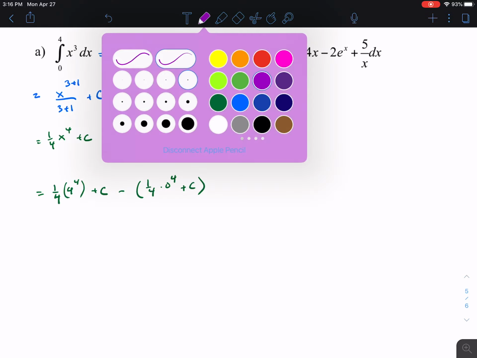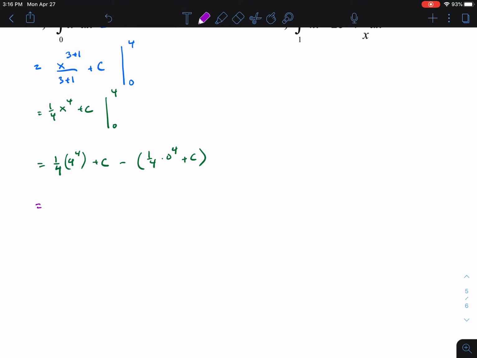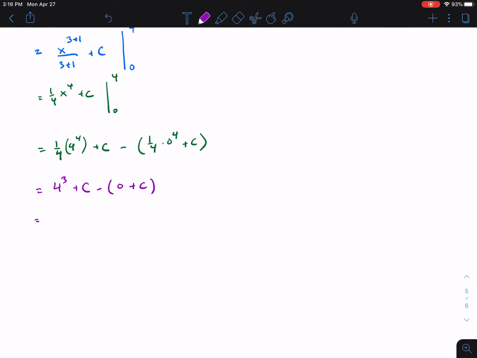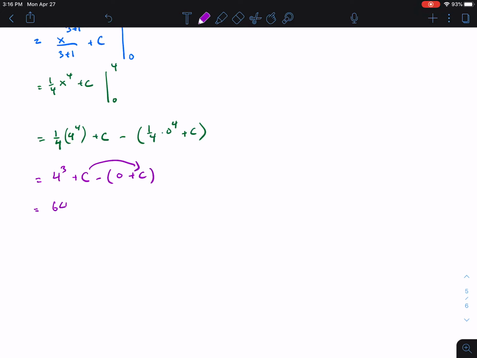Notice that the plus c will cancel out, as you see. So 1/4 times 4 to the 4th power is 1/4 times 64, because we have just 4 to the 3rd left, plus c, minus 0 in the middle, and then plus c. Distribute the negative sign, the c minus the c is going to be 0, so we just end up with 64. Okay, so that's the answer for this.